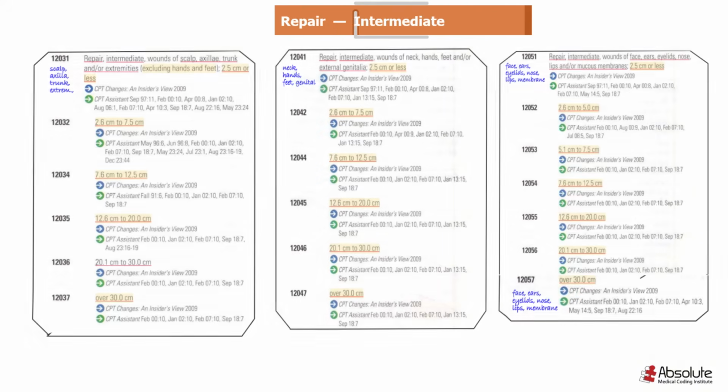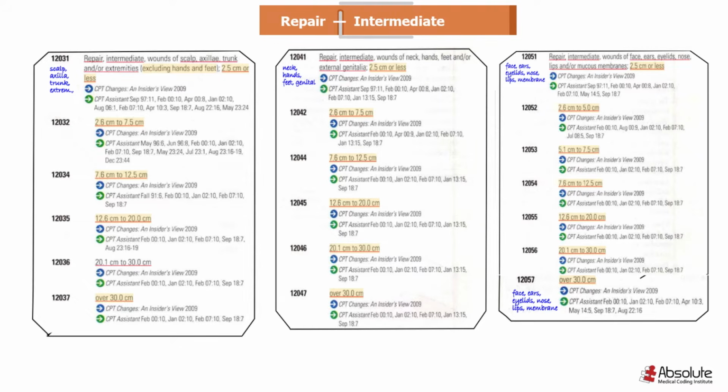Now, intermediate repair codes are classified into three main ranges. The code series 12031 through 12037 is for an intermediate repair on the scalp, axilla, trunk, and extremities. But it is important to note that 12031 through 12037 does not include the hands and feet.